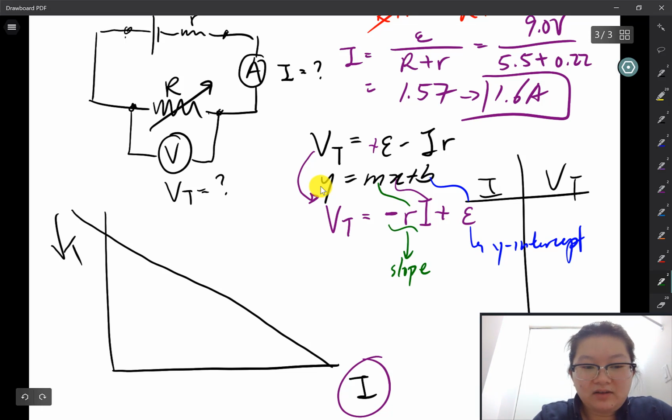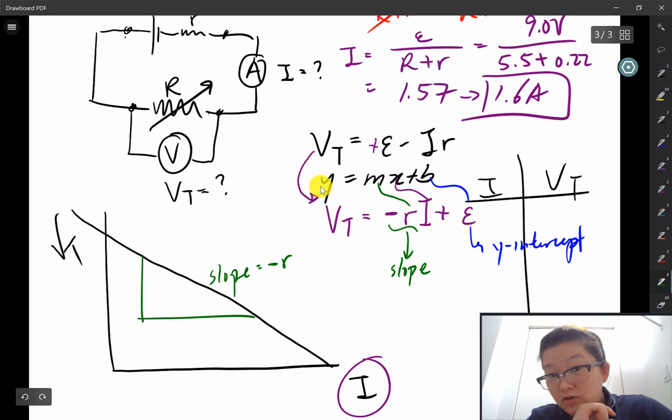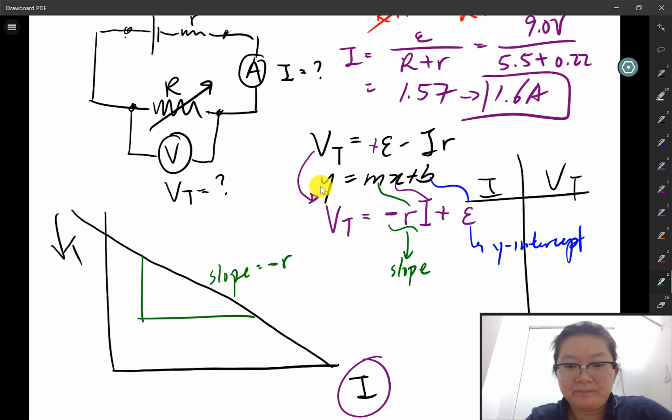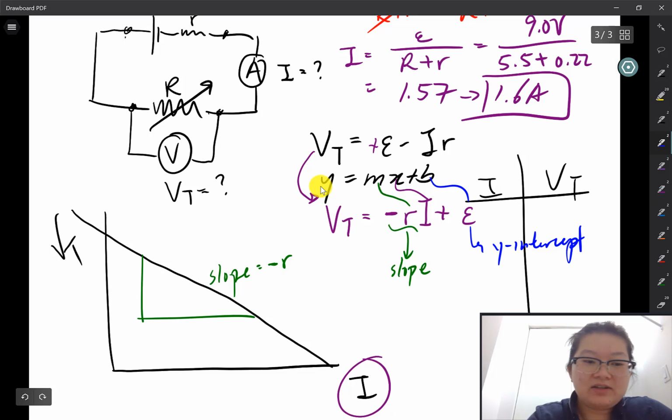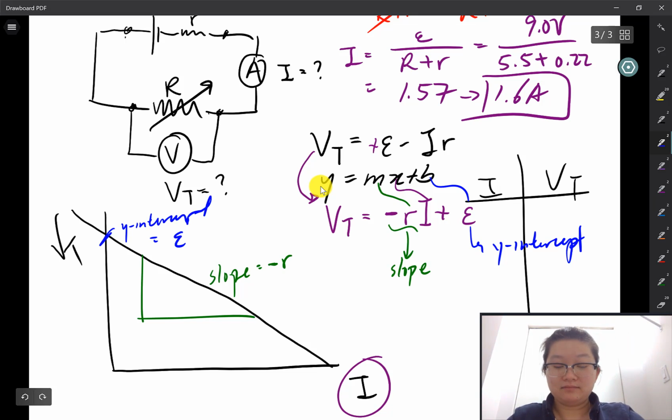So this slope is technically going to be equal to negative r. So using the slope, you can find the internal resistance of the battery, and since epsilon is our y-intercept, this guy over here, that should be the EMF of the battery.